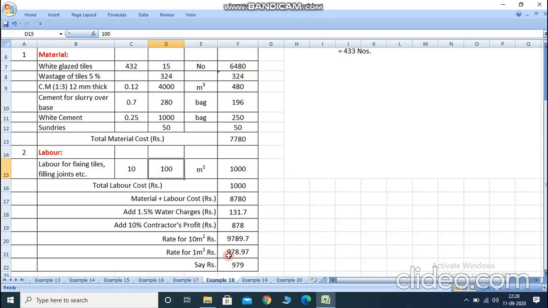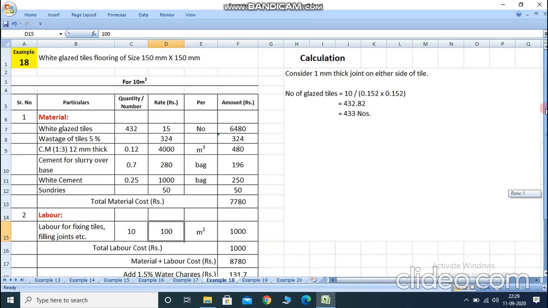Now the per meter square rate is 9789.7 divided by 10, so we get 978.97. Rounded, the rate is 979 rupees per meter square for white glazed tiles flooring of the size 150 mm by 150 mm tile size.